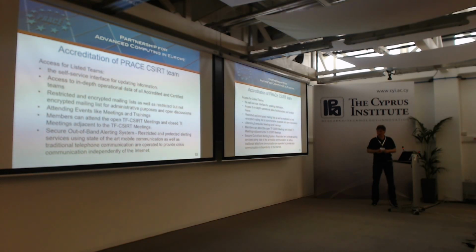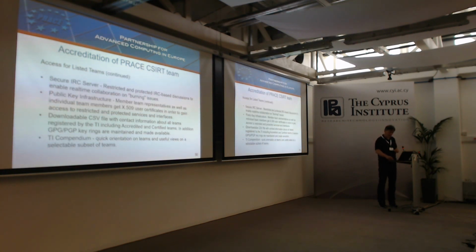Members can attend the open TFC meetings and closed TI meetings. Secure alerting system: restricted and protected alerting services using state-of-the-art mobile communication, as well as traditional telephone communications, are operated to provide crisis communication independent of the internet.